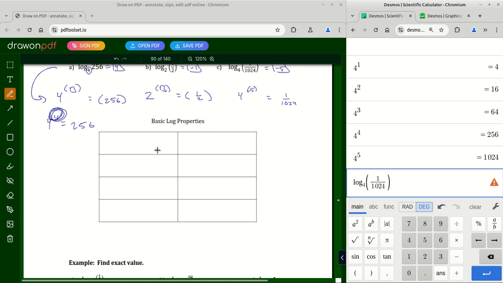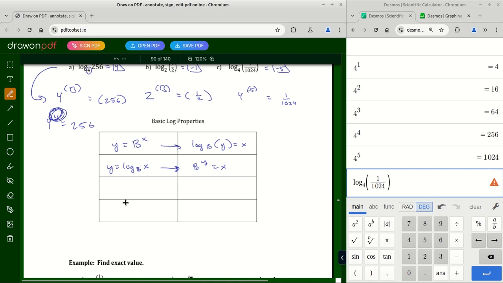Basic log properties. What did I put in here in my workbook? I don't know, man. Oh, yeah. So, I just recopied what I had already done, and so I'm saying that this is the same as saying that. And if I had this, then I can rewrite it saying this.